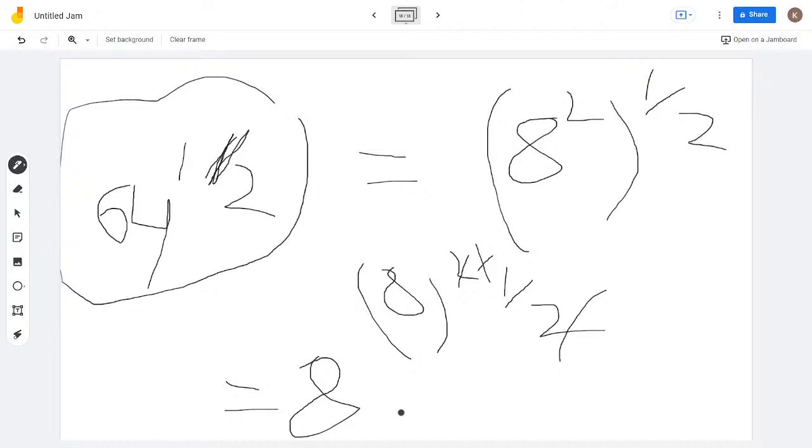It's so simple, right? Similarly, you can find 32 to the power 1 by 5, 125 to the power 1 by 3, 9 to the power 3 by 2, and many more. So these are just examples of laws of exponents.